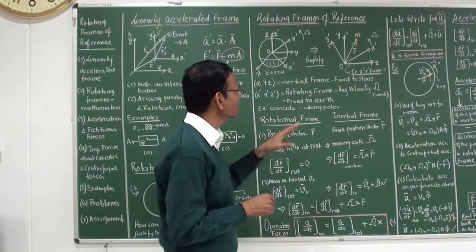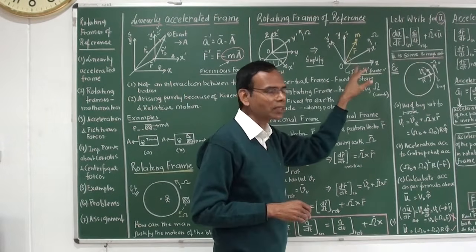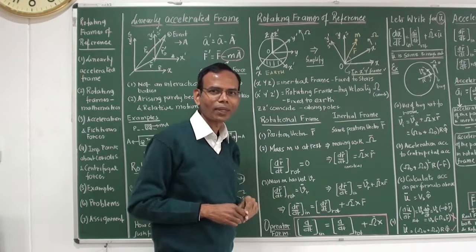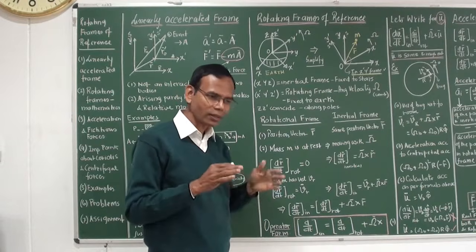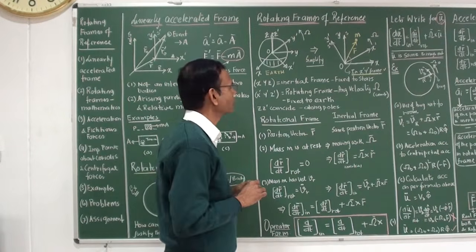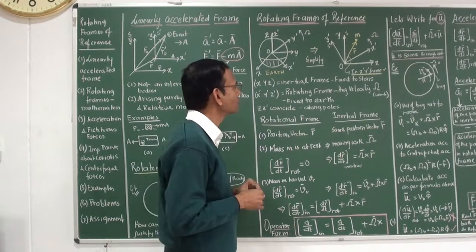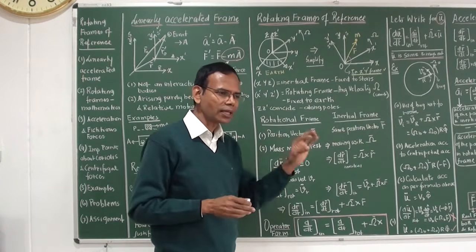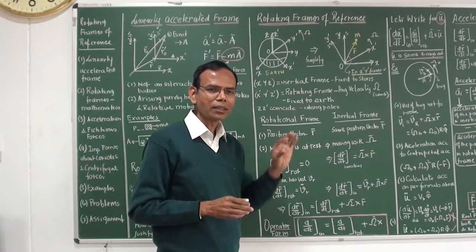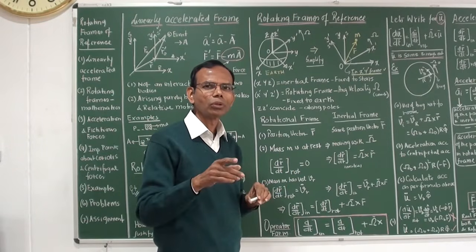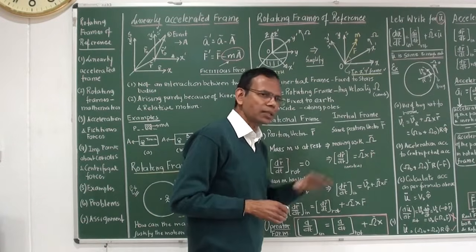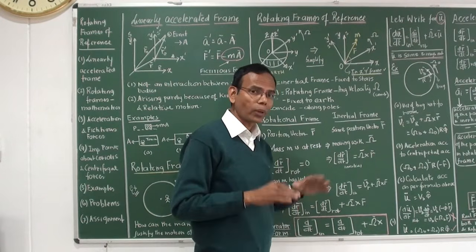So when you differentiate R to get the velocity, you have to differentiate the unit vectors as well. It is a long, quite rigorous derivation, with a lot of mathematics, and you have to use an identity of the rotating vector, that is dA by dt is equal to omega cross A. So that identity is used.